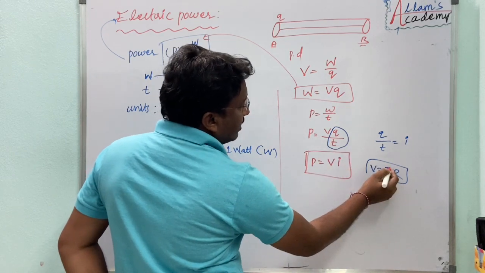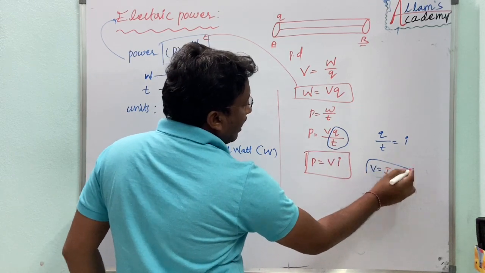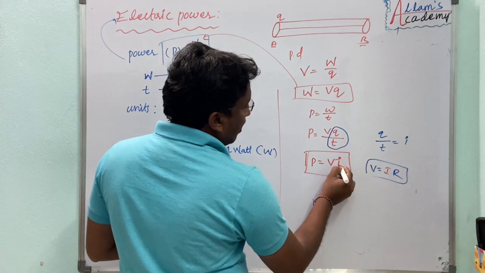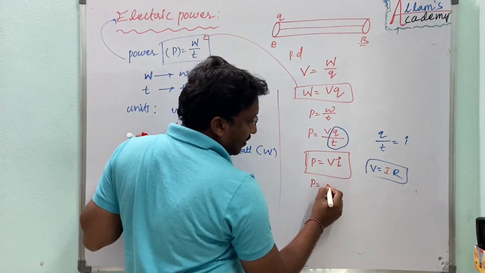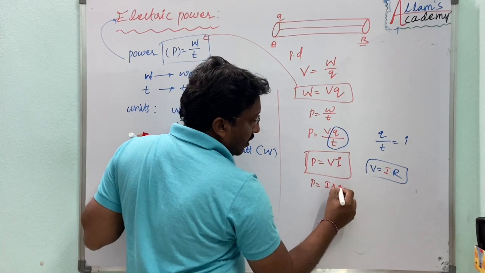Then P equal to V, V equal to IR, so I into IR.